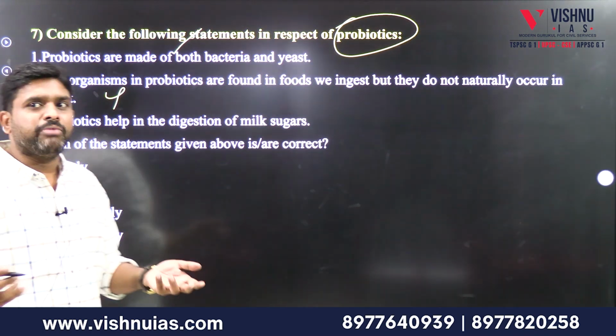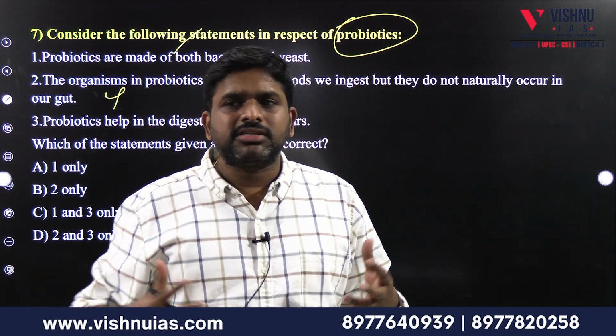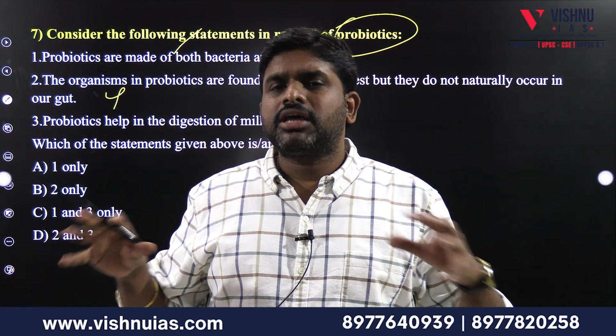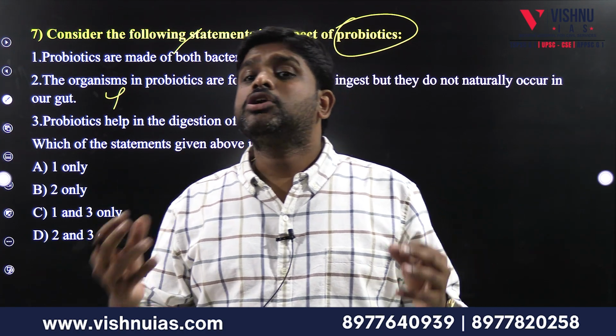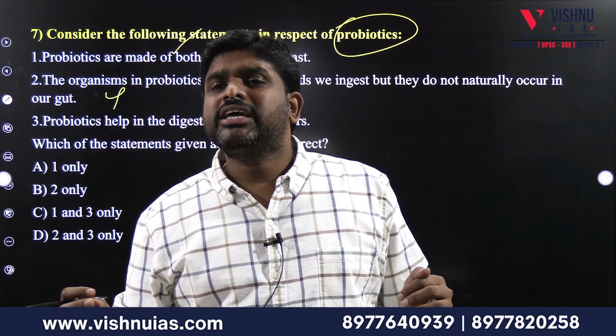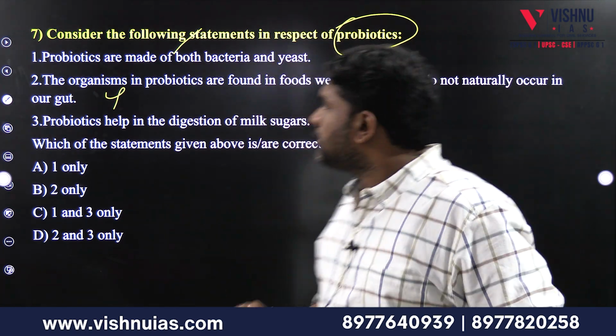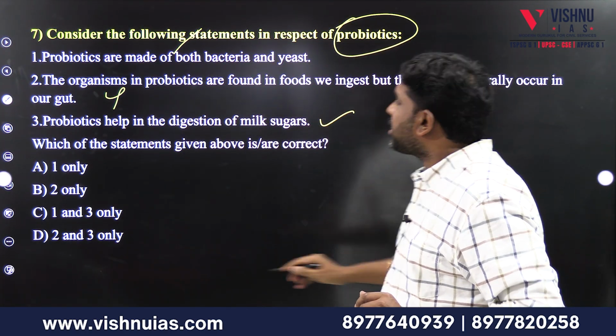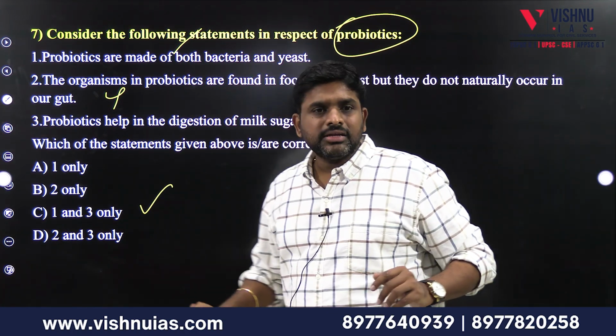Probiotics help in digestion of milk sugars. The best thing about probiotics is that doctors mainly refer people who are suffering with digestion problems to probiotics. Why? Because probiotics help in digestion. So this is also correct. How many of them are correct? 1 and 3 are correct.